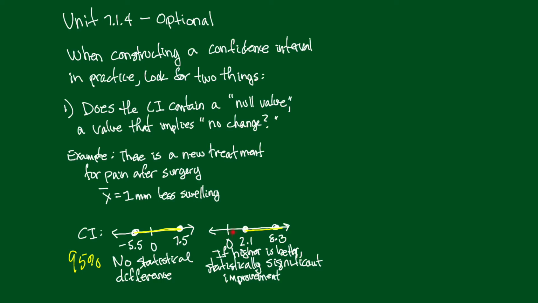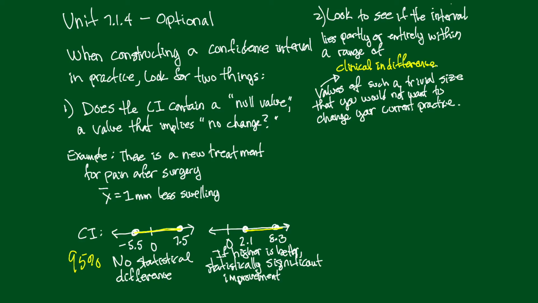But what about this one over here? Now zero is outside the interval, so if higher turns out to be better in your way of thinking, then this is a statistically significant improvement, which means that the improvement is not just random. There's really something going on here.